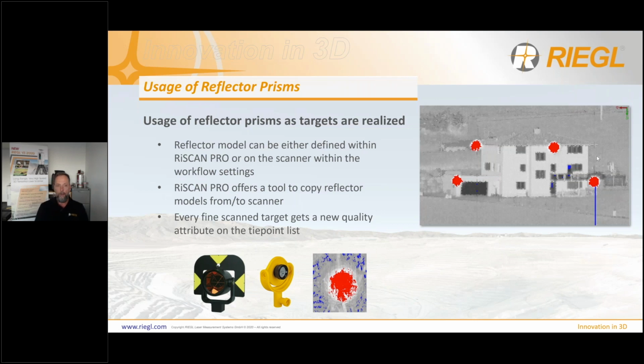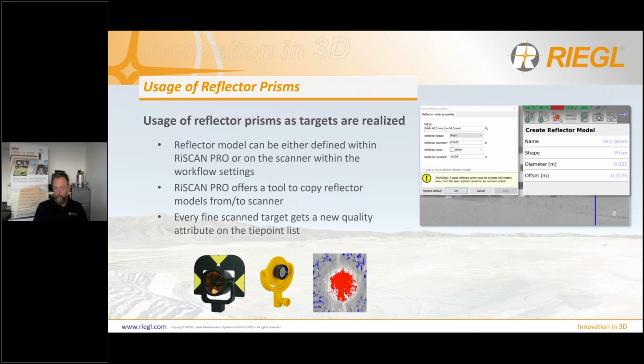It's just to avoid damage on the scanner, and after some milliseconds, we open the detector again, and you have your data. And the important thing is, once we do a fine scanning of the target, the scanner automatically reduces the laser power dramatically, so that nothing can happen to the scanner, and we then get really exact data on the prisms.